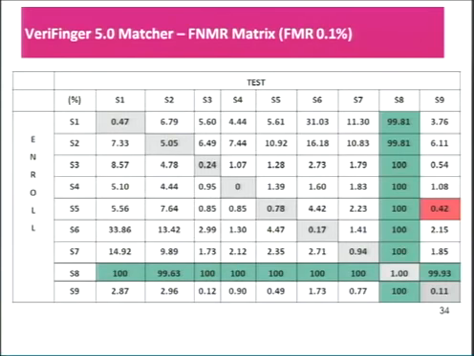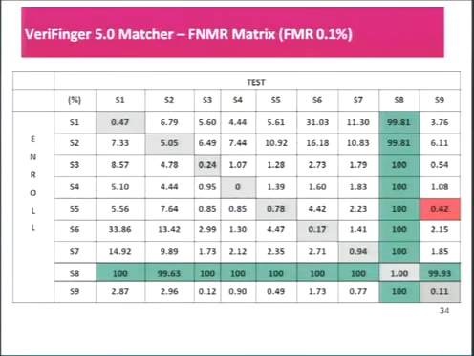Now, for the combination of S5 and S9, that dark orange box that you see, what was noticed was the interoperable data set had a lower false non-match rate than the native data set itself, which was very interesting, because typically you would notice that the native data sets itself should have the lowest false non-match rate, but here the interoperable data set had a better false non-match rate. So that indicated that there was something interesting happening in there.